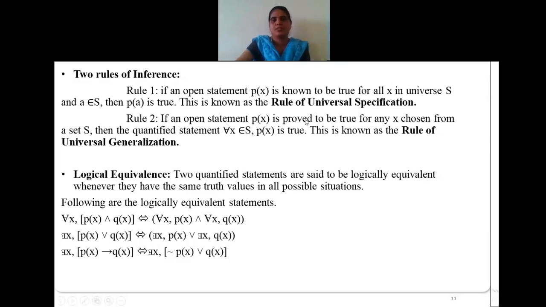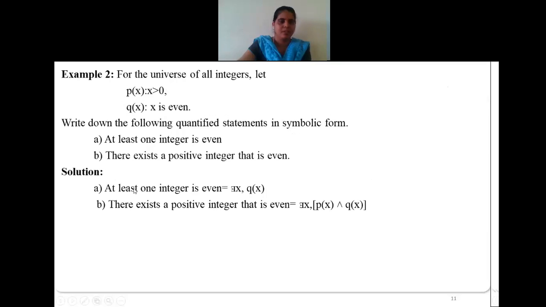If the open statement P(x) is true for any x chosen from the set S, then the quantified statement for all x belongs to S, P(x) is true. This is the rule of generalization.